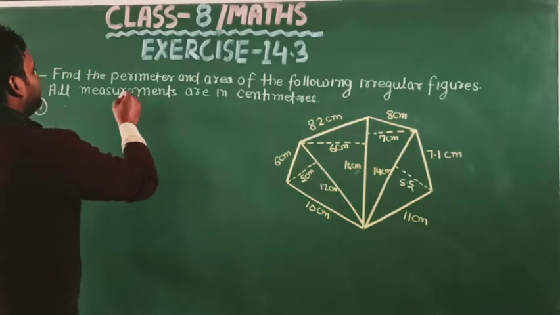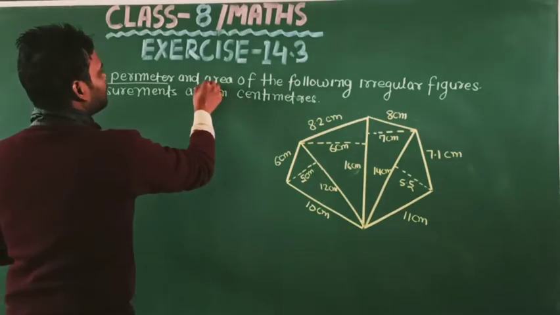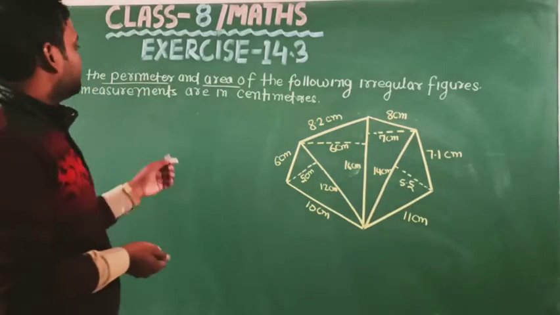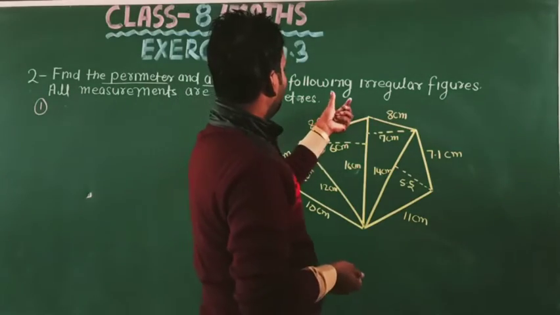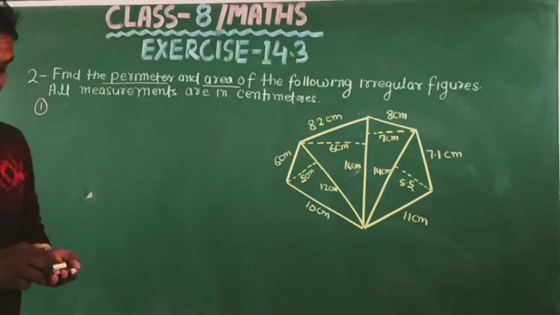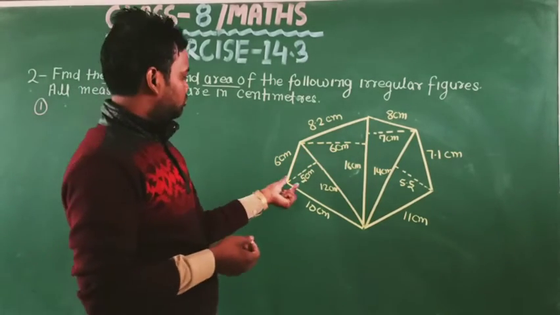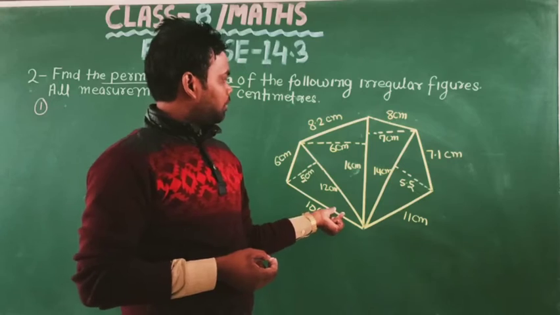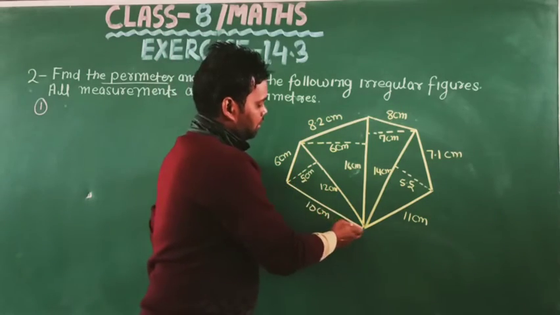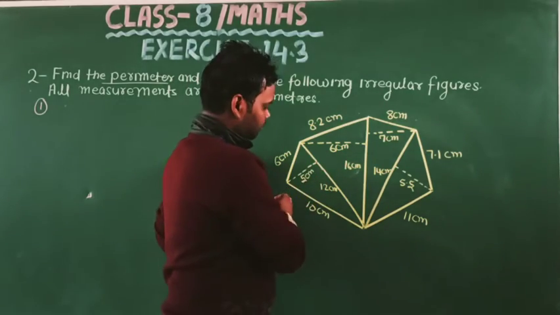So we are asked to find the perimeter and area of this irregular figure whose measurements are given in centimeters. Children, before solving this, first I will label the vertices of this irregular figure.